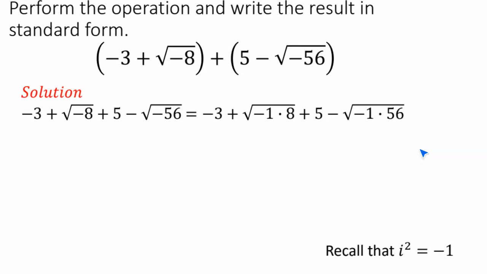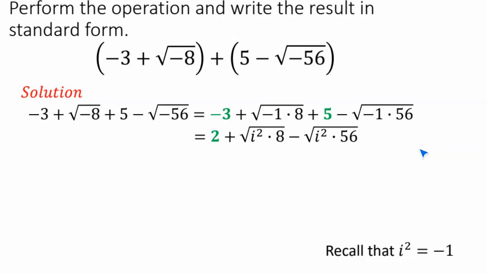And again, if you recall, when I take the square root of a negative 1, that produces the i, right? So here, if we have these values, again, we're using just the formula where negative 1 is equal to i squared. So that's what I'm going to replace these negative 1s with. 2 plus the square root of i squared times 8 minus the square root of i squared times 56.